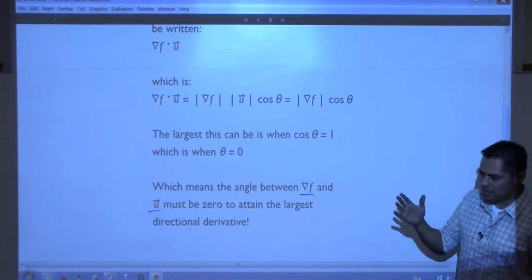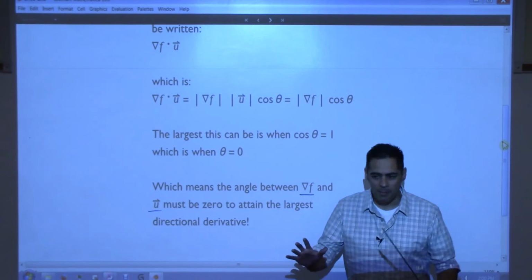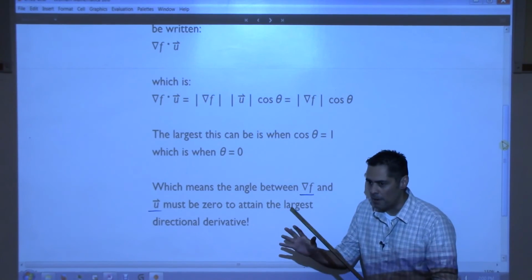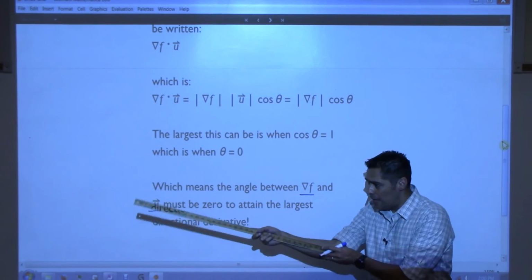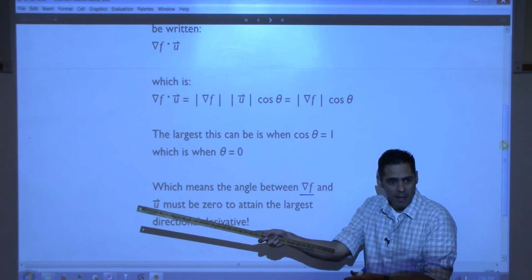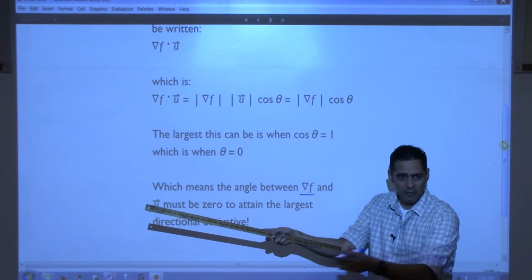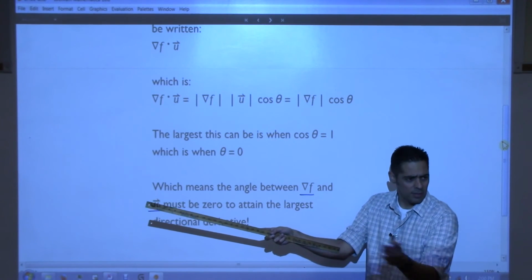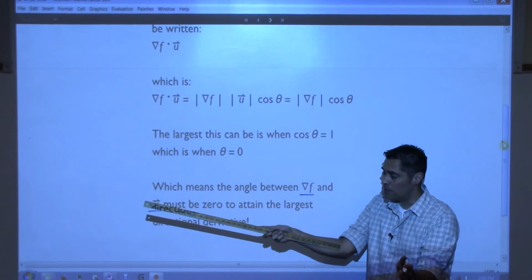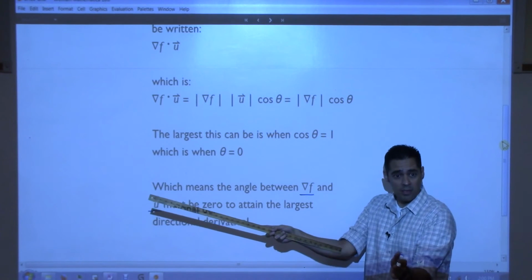So think about that. This is the profound statement. I'm up here and I'm like, okay, which way do I point? Let's call this u. That's the direction that I'm trying to point. And then I've got this gradient vector, which seems to have nothing to do with this. The gradient vector is the partial derivatives, and then someone's telling me to point in a direction. I'm saying, which way do I point so that I get the steepest thing?